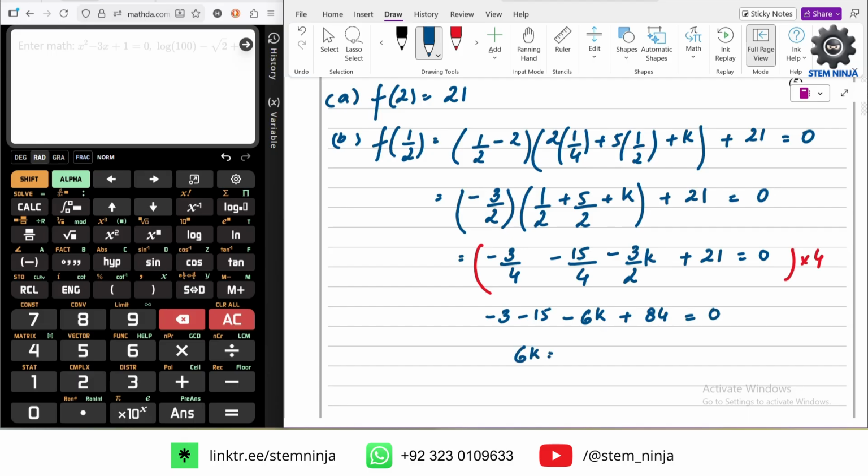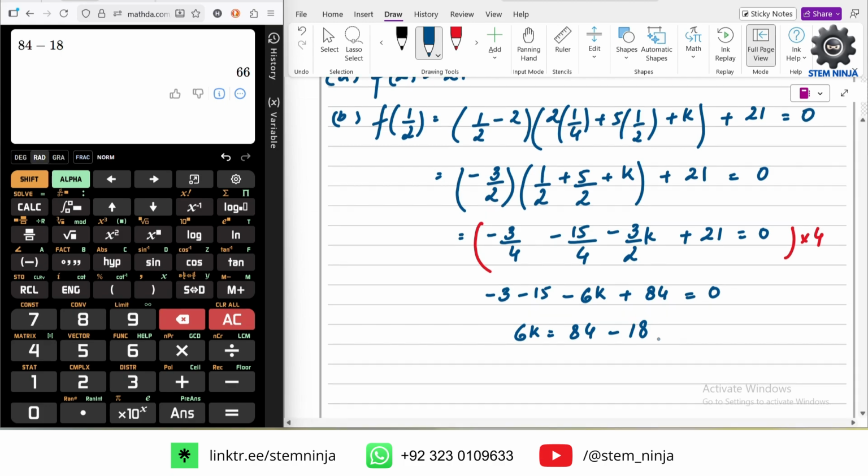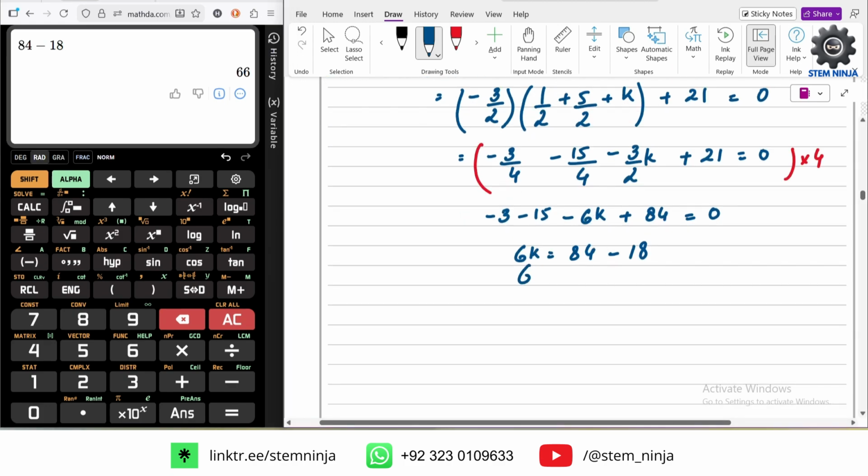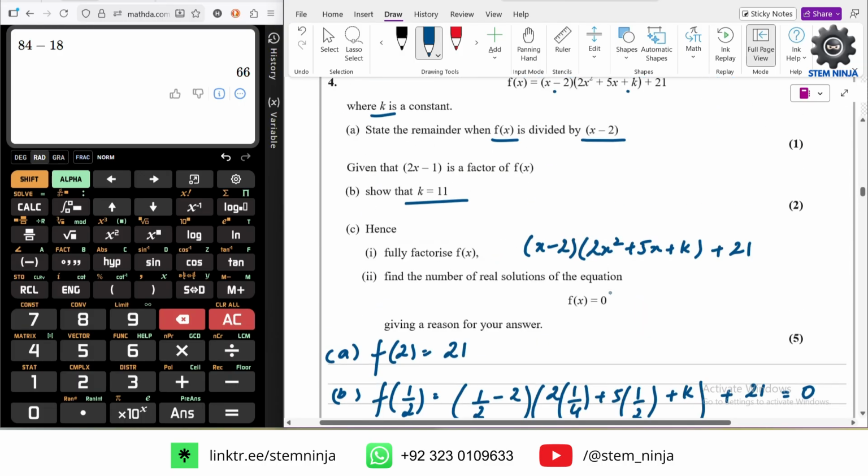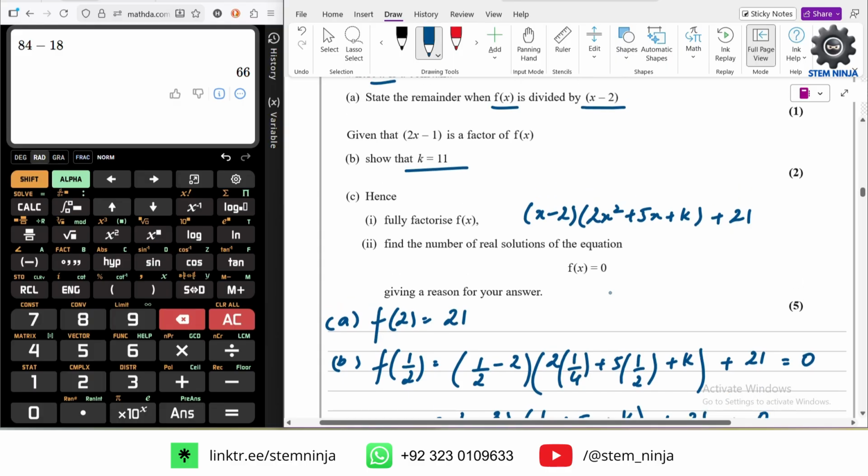So 6k is 84 minus 18, 66. So 6k is equal to 66. That means k is equal to 11. And that's what we had to show for the b part, right? Okay. Hence, fully factorize f of x.